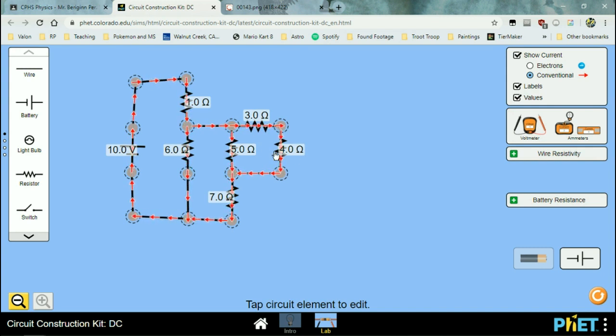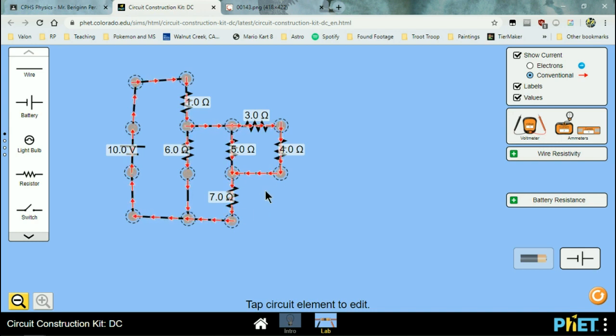For example, I could replace this one with a wire and then change this one to 7. That is now pretty clearly in parallel with the 5. Now, you might think, what about this 7 over here? We can't do anything with that yet. You might think the 5 and the 7 are in series, but no, because you have this junction here, and it's different.